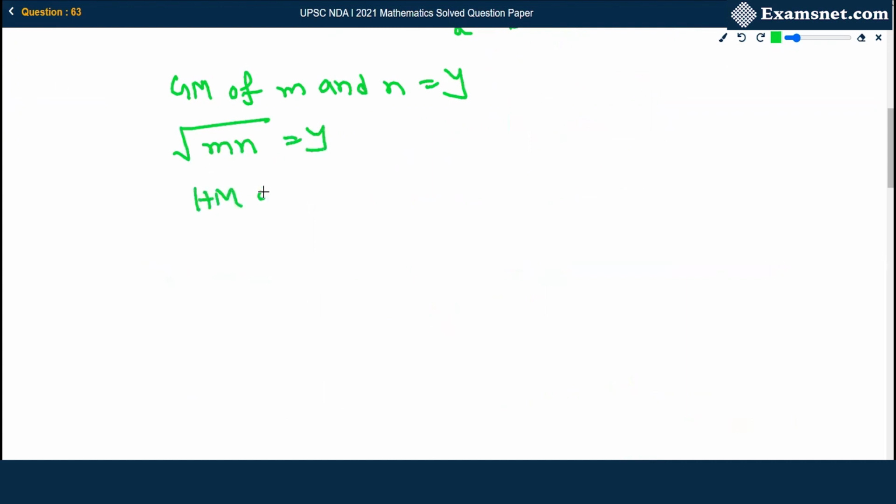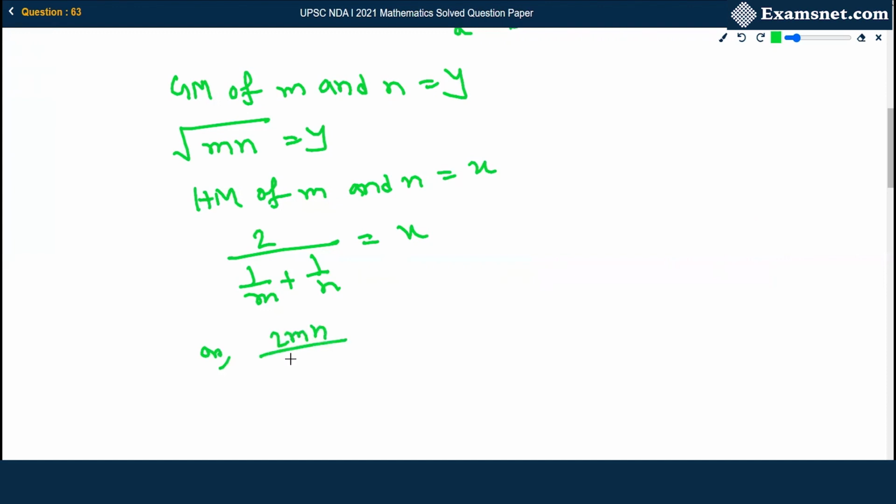Also, HM of m and n equals x, so we can write 2 divided by (1/m + 1/n) equals x, or 2mn by (m + n) equals x. Let's name these equation number 1 and equation number 2.